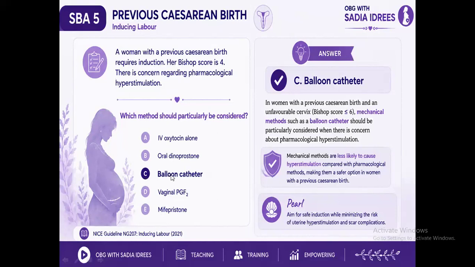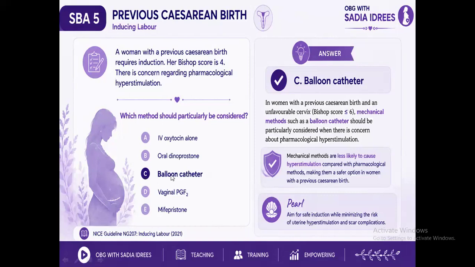But I want to teach this carefully because previous cesarean induction should never become a one-line shortcut of scar equals balloon. First, induction after a previous cesarean requires proper counseling. The woman should understand that induction can affect the likelihood of successful VBAC and is associated with an increased risk of uterine rupture compared with spontaneous labor. You must also consider the method used.